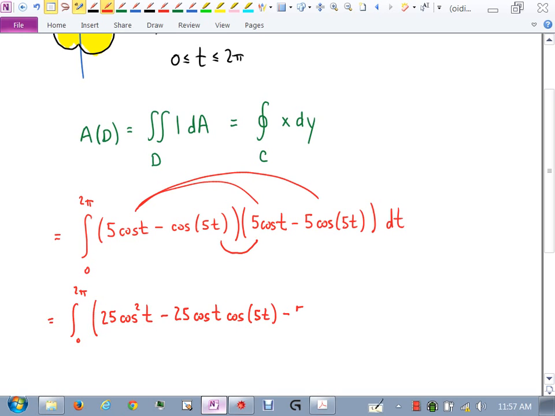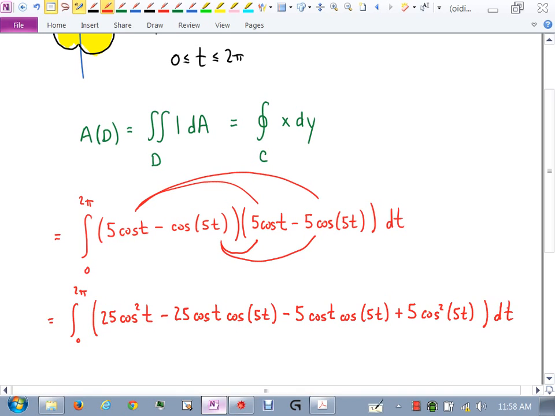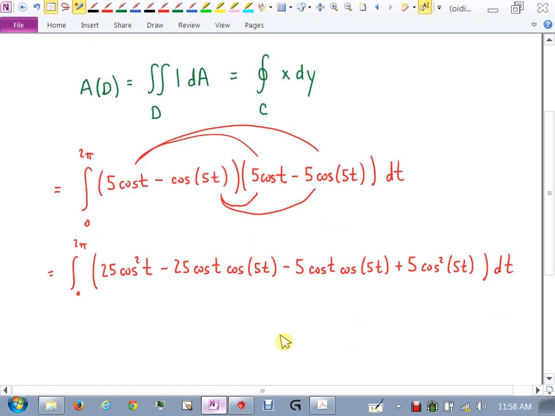Minus 5 cosine t cosine 5t. And then the last one there, plus 5 cosine squared 5t. All of that dt. These two in the middle can go together, right?